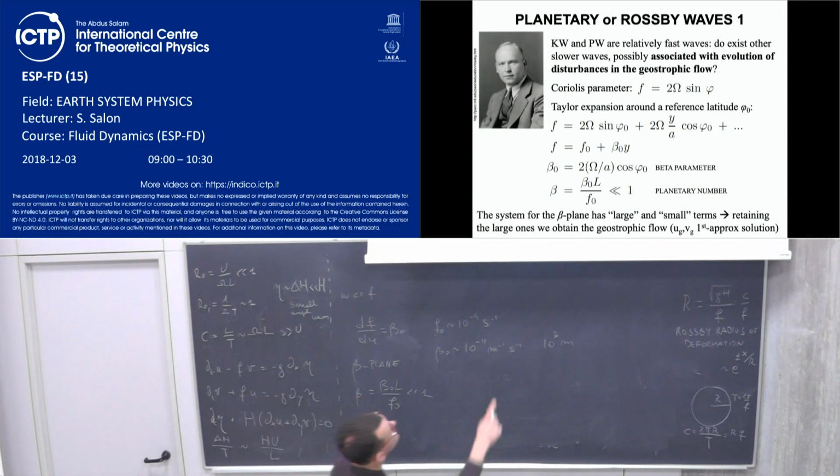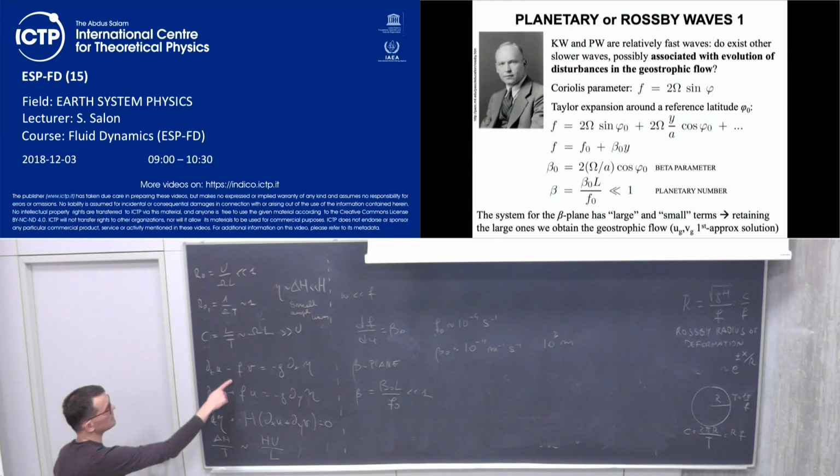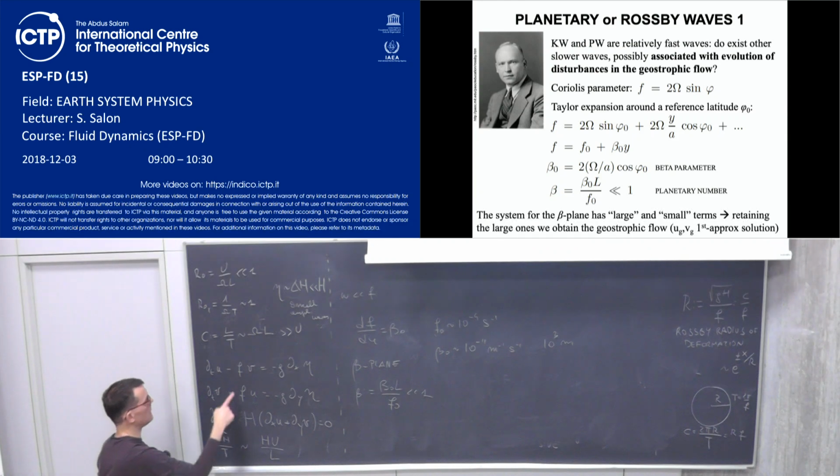And this is called the planetary number. Okay, so now what we can do is to substitute the expression of the Coriolis parameter in our system, the expression f equal f0 plus beta0 y.